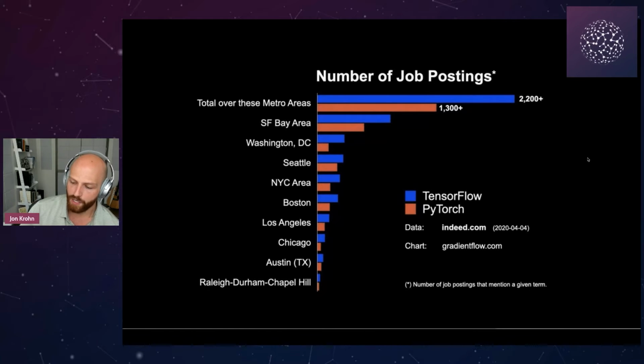Just one other look, since a lot of people, when you want to be learning about deep learning, you don't just want to be learning about which libraries are most popular, but which ones are most likely to lead to a job. So in terms of number of postings, these data are now a little bit older, so we could expect that Pytorch is even more popular now. But you can see that in the US, where these data are from the website indeed.com, TensorFlow is more popular in job postings, but Pytorch isn't far off.